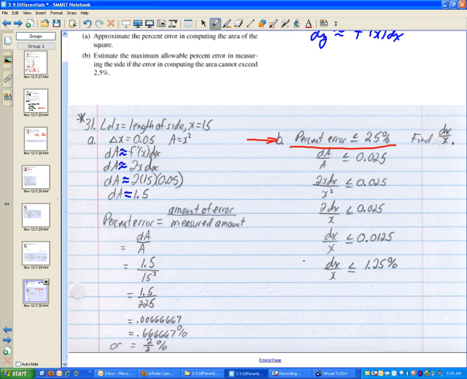Now, I'm not even worrying about the question yet. I'm going to convert that into my symbols. What was my percent error? It was dA over A. So replace percent error in the words with the symbols dA over A. And then percents are just boogers to work with. So change the percent to a decimal, less than or equal to 0.025.